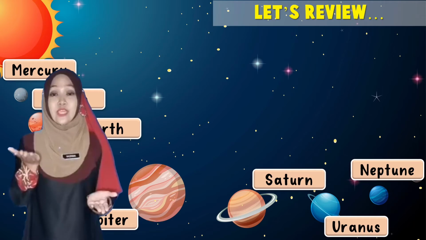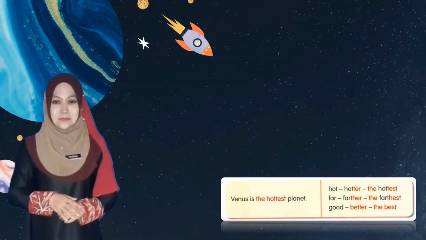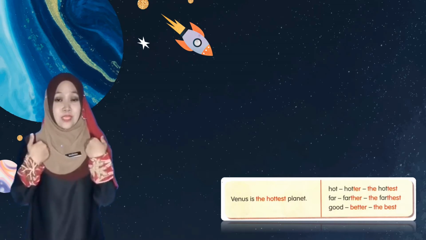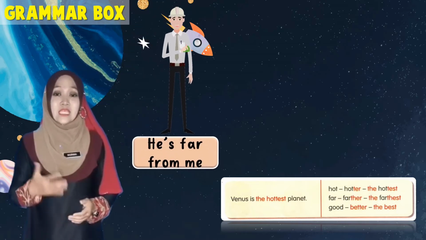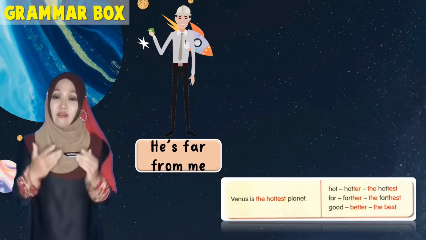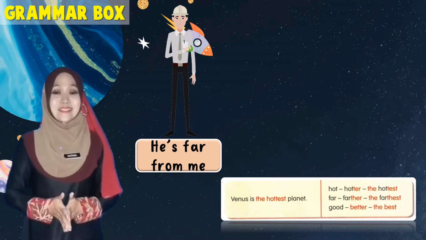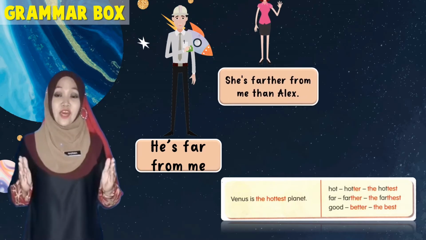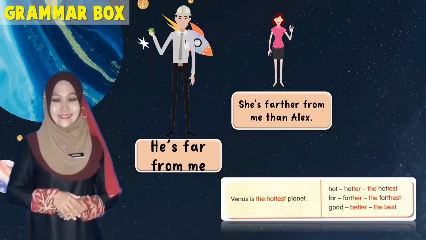Can you please look at this sentence and read the sentence? He's far from me. One more time. He's far from me. Next sentence. She's farther from me than Alex.